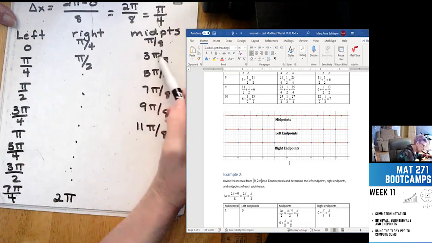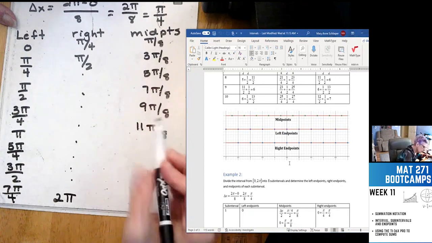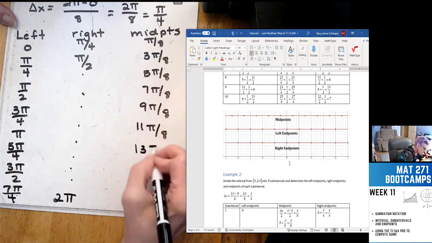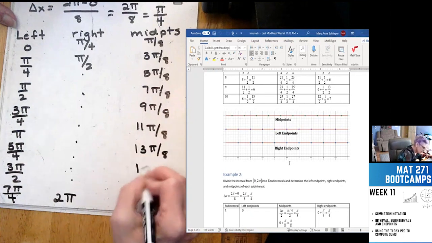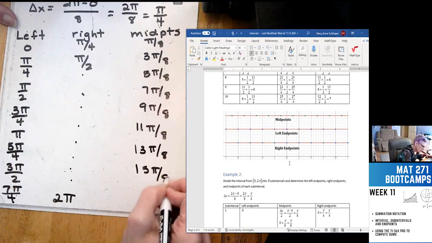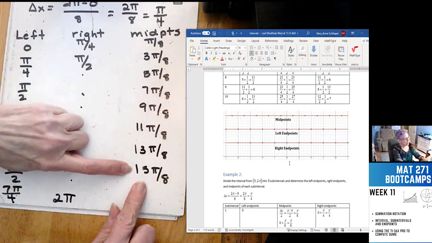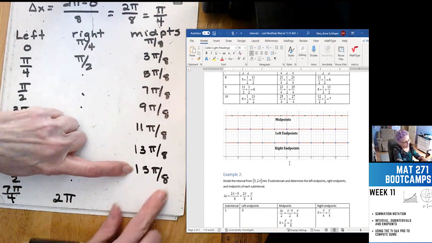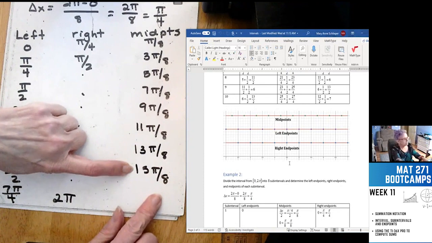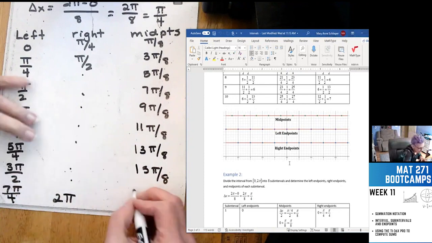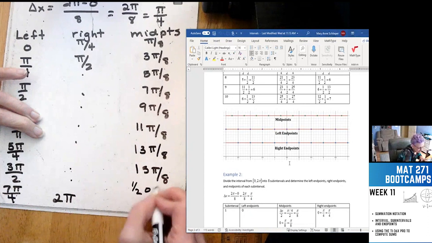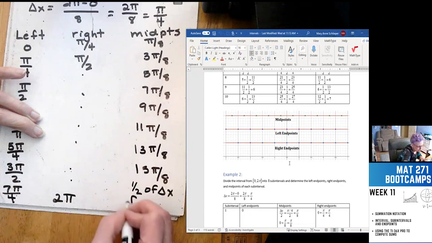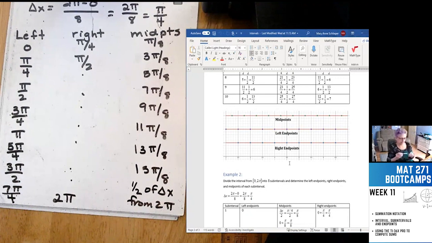Let's see, here's 1, 2, 3, 4, 5, 6, 7, 8. And you can see I'm pi over 8 away from 2 pi. So half of delta x from 2 pi.